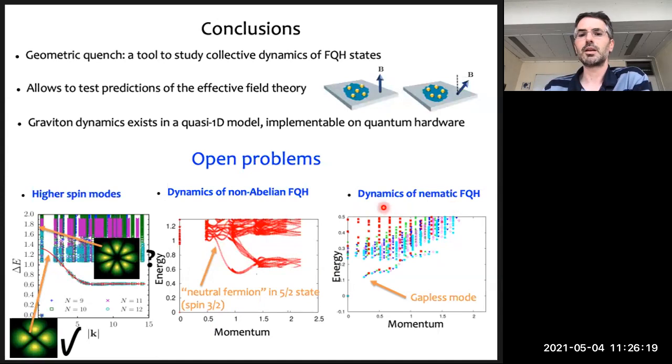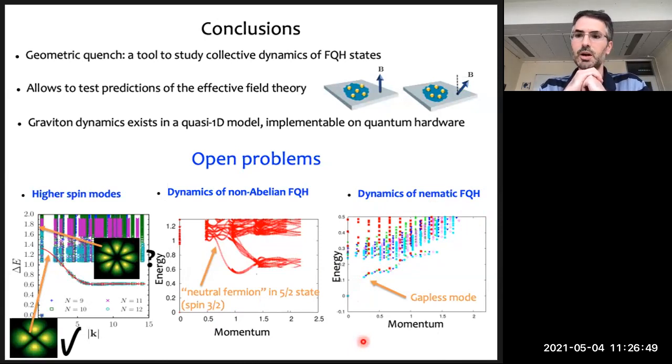And then another thing which is quite interesting is what happens with nematic quantum Hall states, because in those cases we have this gravitational mode which actually becomes gapless. So it might look something like this. And now because it's gapless, it's not quite clear what's the best way to probe that, because maybe there's a multitude of frequencies in this case.